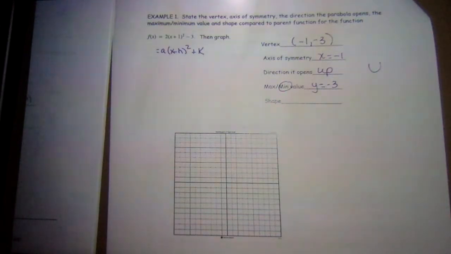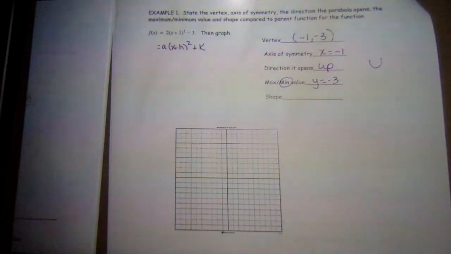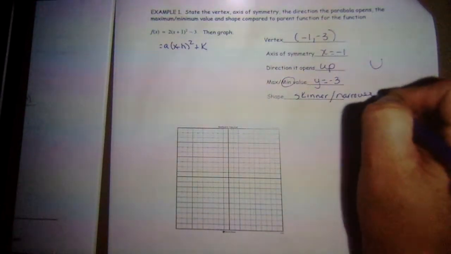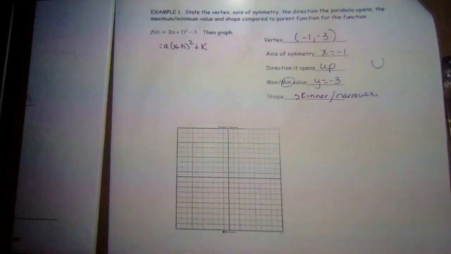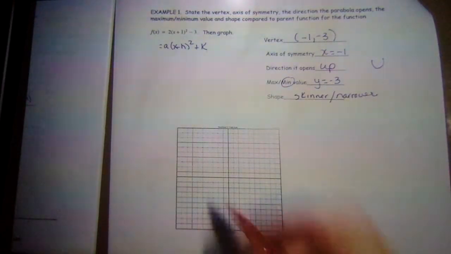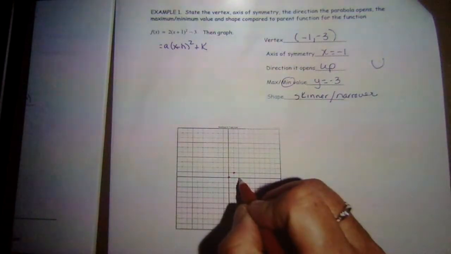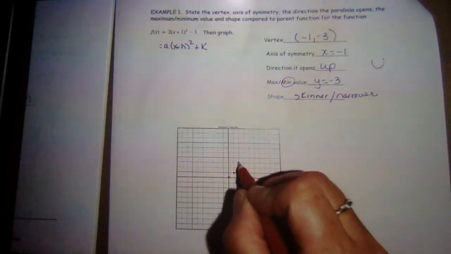Now, its shape compared to the parent graph. It's going to be skinnier, narrower. I'm going to graph the parent graph here. We know this, starts at 0, up 1 over 1, over 2, up 4.